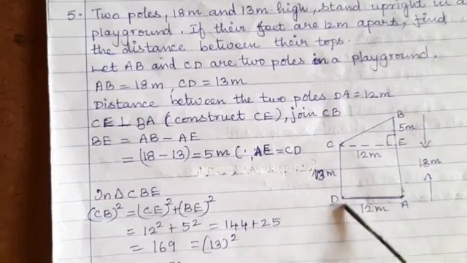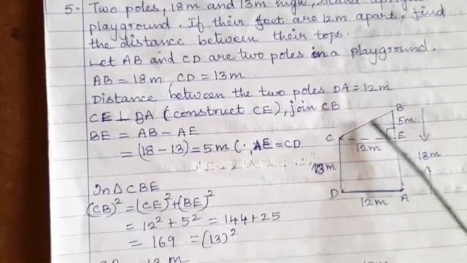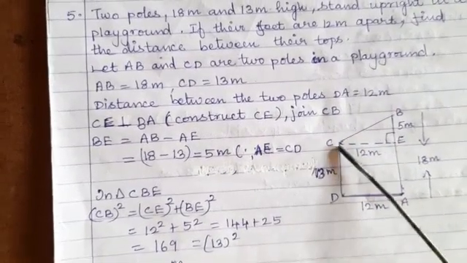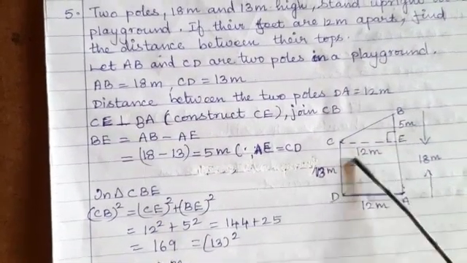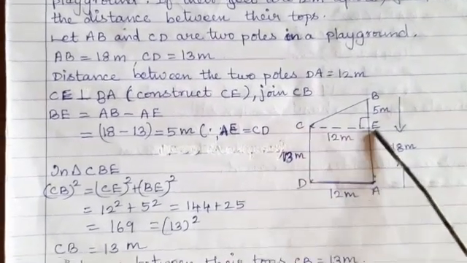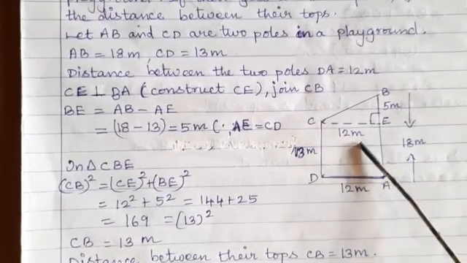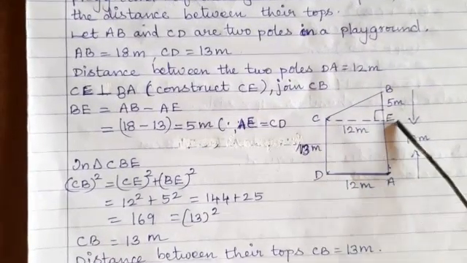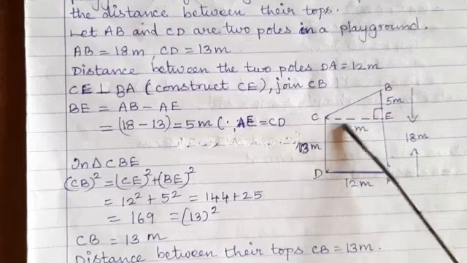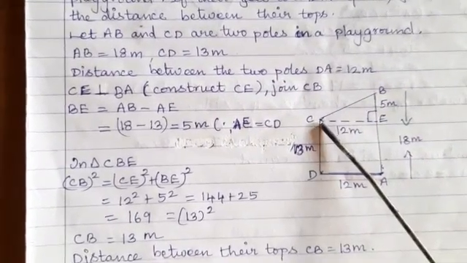And CE is parallel to DA, so CE is also 12 meter. Now CBE is a right angle triangle. The right angle is at E because we have drawn the perpendicular to AB. So using the Pythagoras theorem in triangle CBE, CE squared plus BE squared equal to BC squared.